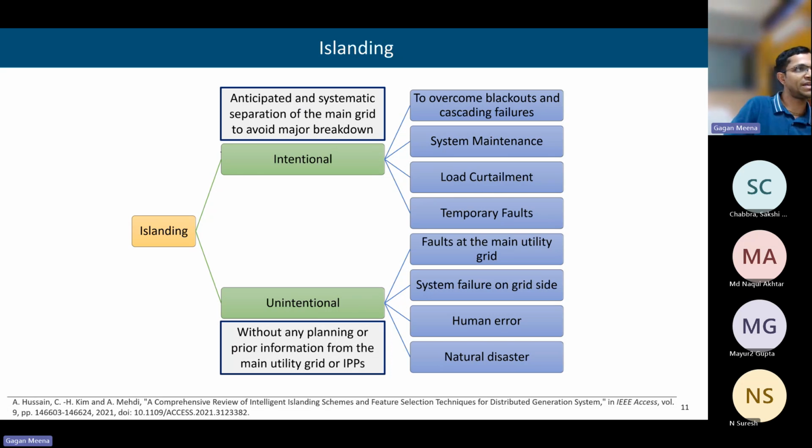And then there is intentional islanding, which we do systematically. It's a systematic separation of the main grid to avoid any major breakdown, to avoid or overcome blackout and cascading failures, and for system maintenance. When maintenance has to be done, we isolate part of the grid.